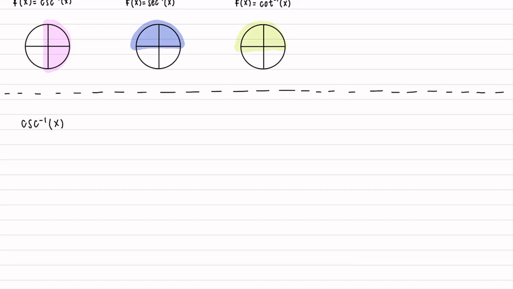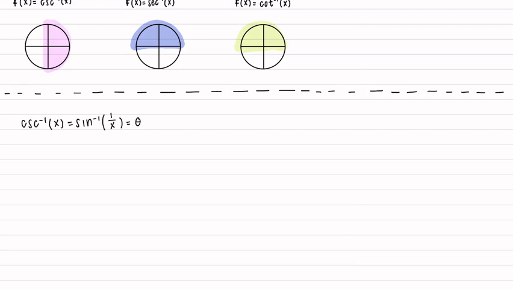Think about it: to find the inverse, you switch x and y. So the y value on a cosecant, if cosecant of x equals y, then that y is now the input. And so that input is what we took the reciprocal of. So inverse cosecant of x is equal to inverse sine of 1 over x, which would then equal theta.